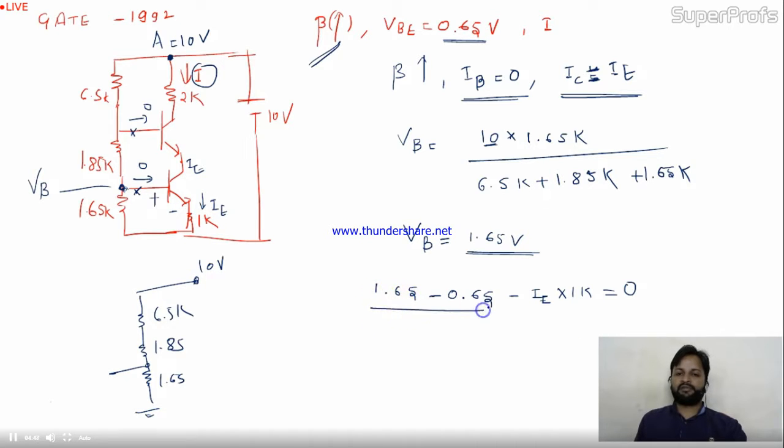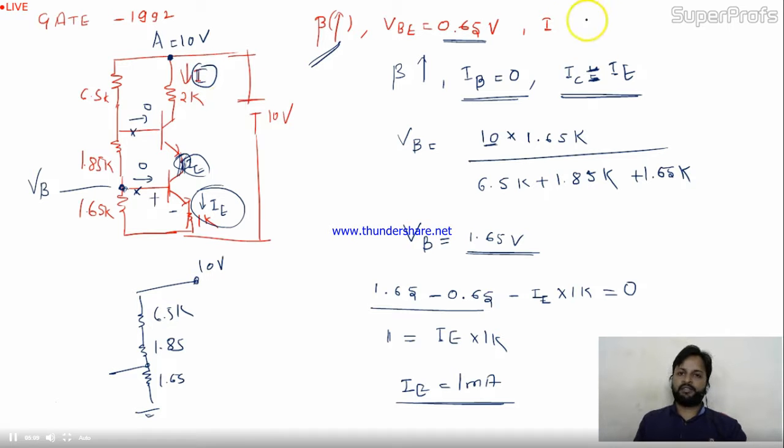So 1.65 minus 0.65 will be exactly 1, and IE into 1K. So IE is 1 milliampere. So if IE is 1 milliampere, this current will be 1 milliampere, and this current also will be 1 milliampere. So your answer will be 1 milliampere.